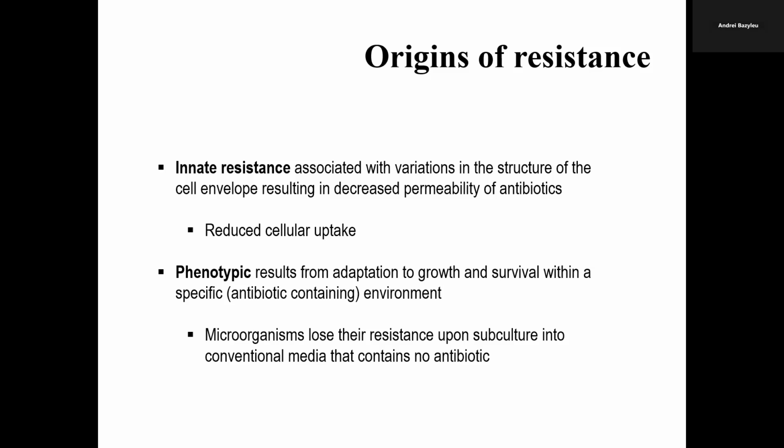Why is it good for us? Because if the plasmid was obtained by these bacterial cells, it can also be lost. So what does that mean? That means we can reverse the antibiotic resistance if it was a phenotypic one.